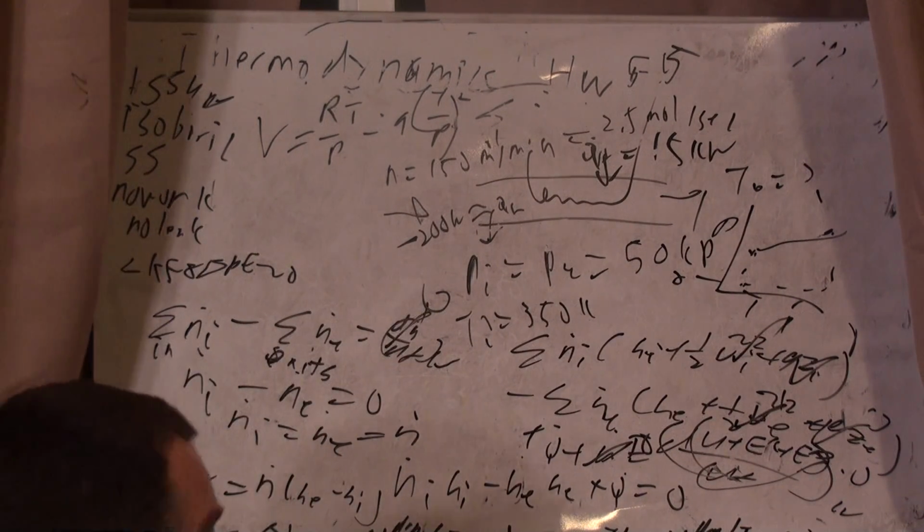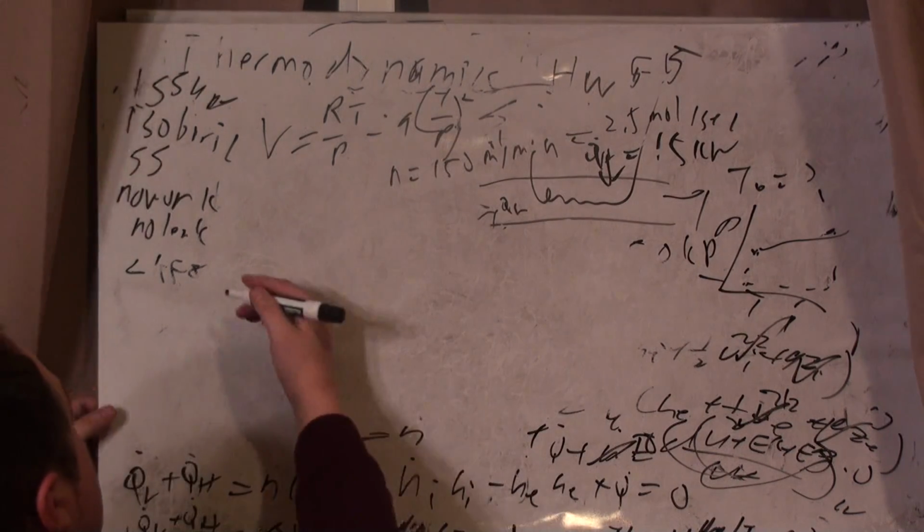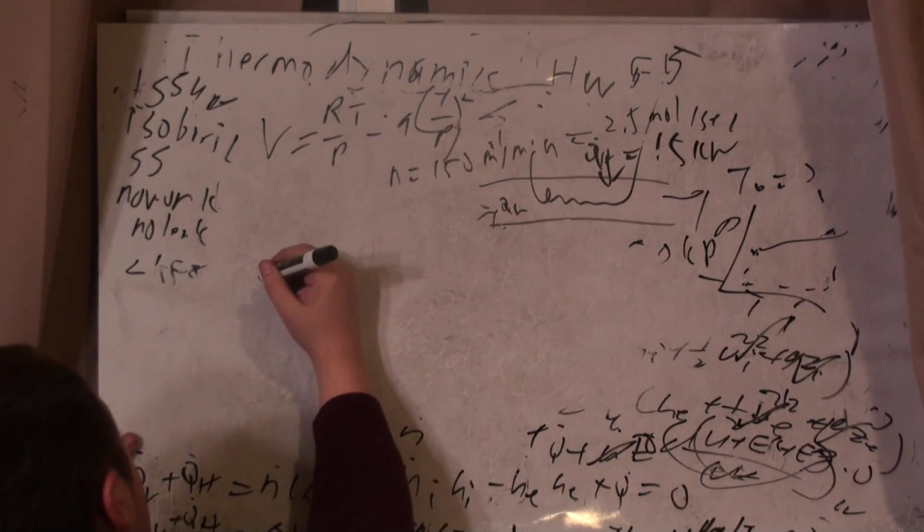And then I'm going to need my departure function, so I'm going to erase a good chunk of this to get my departure function stuff. Okay, so just practice departure functions. We'll do this one.